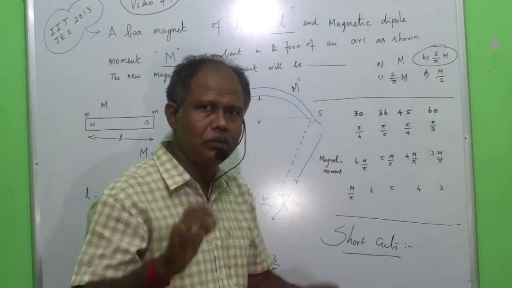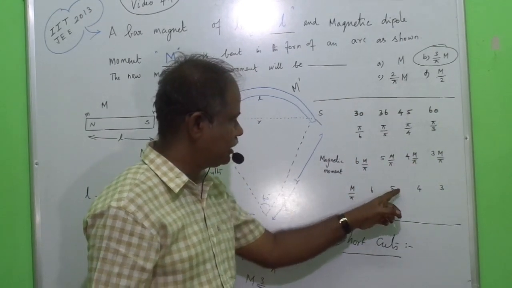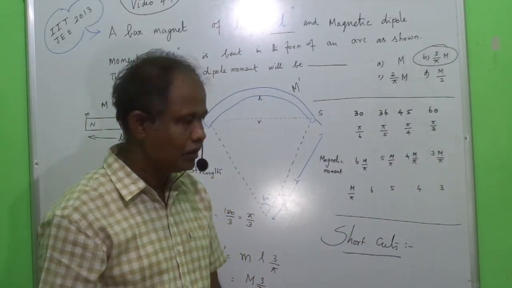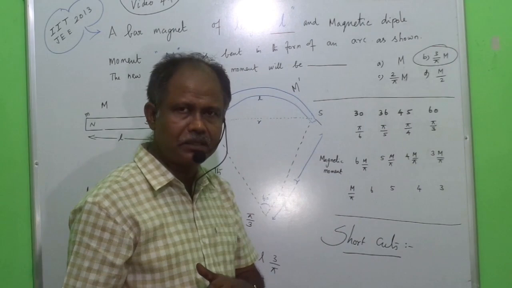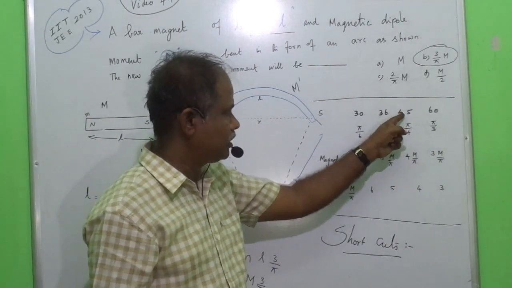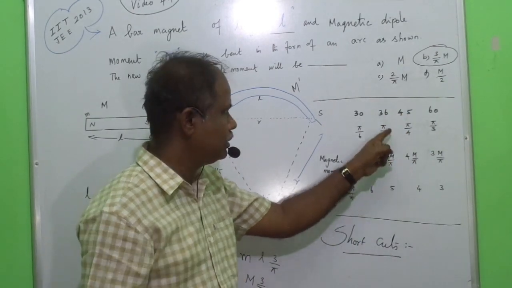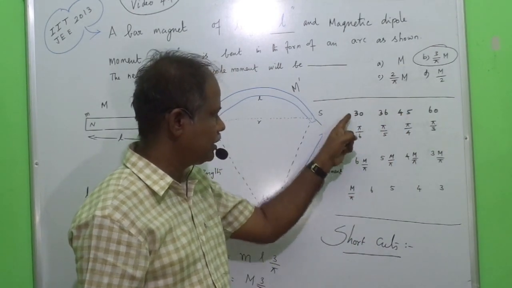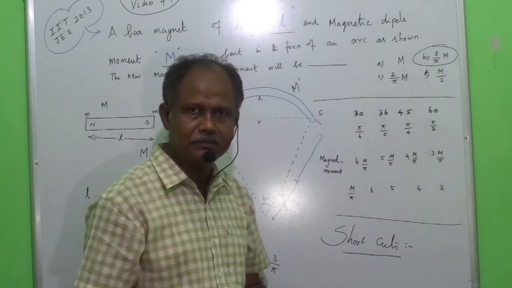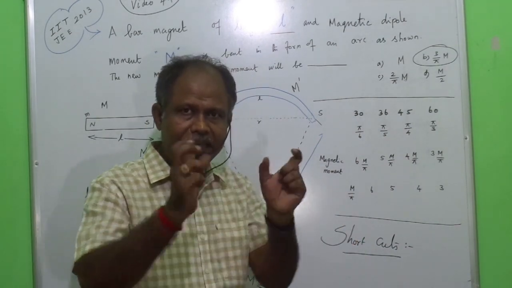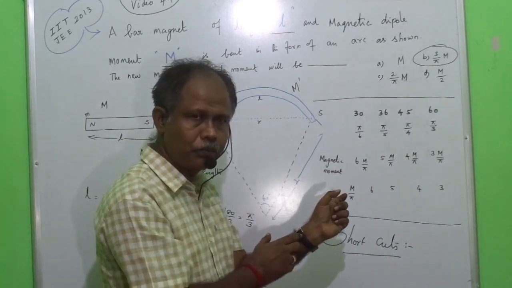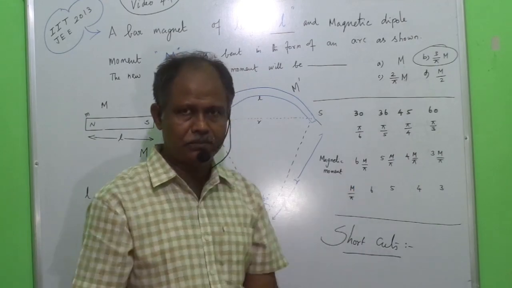Just remember that alone. This is the shortcut way, an interesting shortcut. For example, 60 means 3, 45 means 4, 36 means 5, 5 times M by pi. The bending angle can be changed with respect to this ratio.